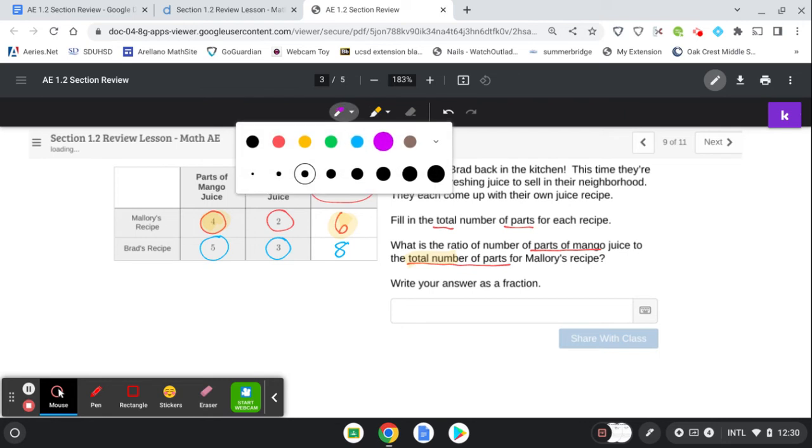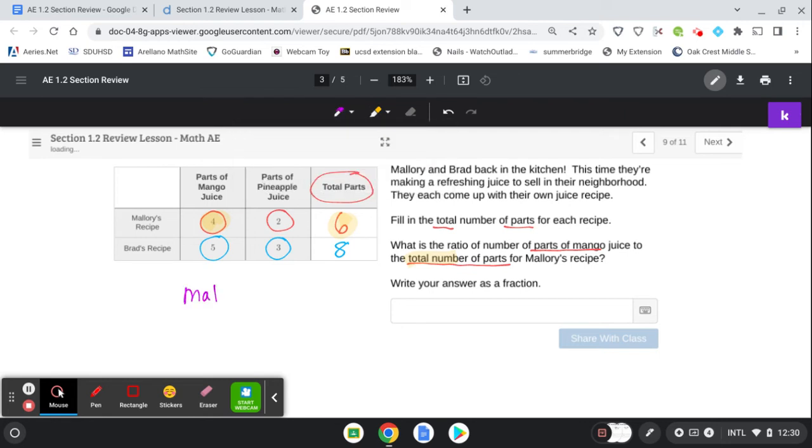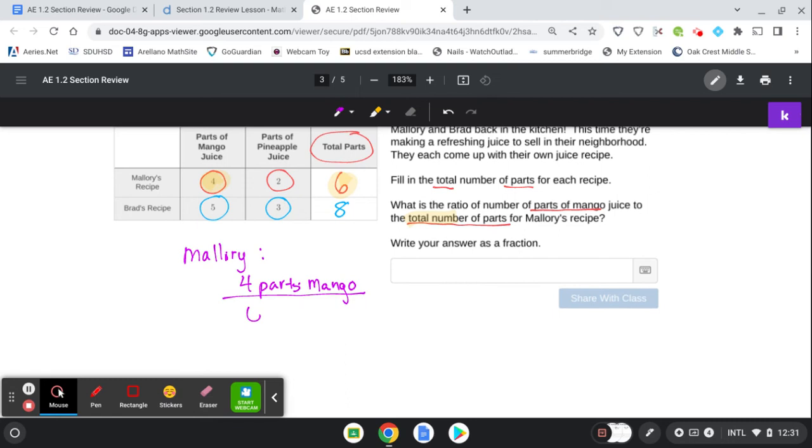So for Mallory's recipe, it'd be 4 parts mango to 6 total parts. Okay, so you want to type that into your text box.